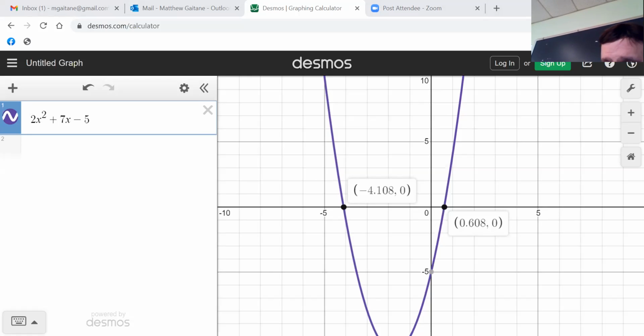Now watch how this works. So your radical is 49 plus 40. So it's radical 89. That's why you see those.